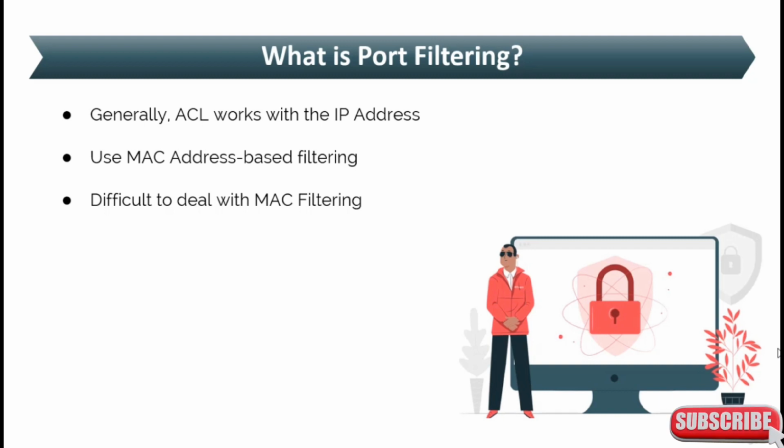If you haven't seen the MAC or IP address, or if you are confused about the MAC, please refer to the computer networking course in which I have discussed everything about these addresses. Now, we can still use a MAC address based access control list if we are running on TCP/IP, but I would like to tell you that it's a lot easier to deal with the IP address than the MAC address.